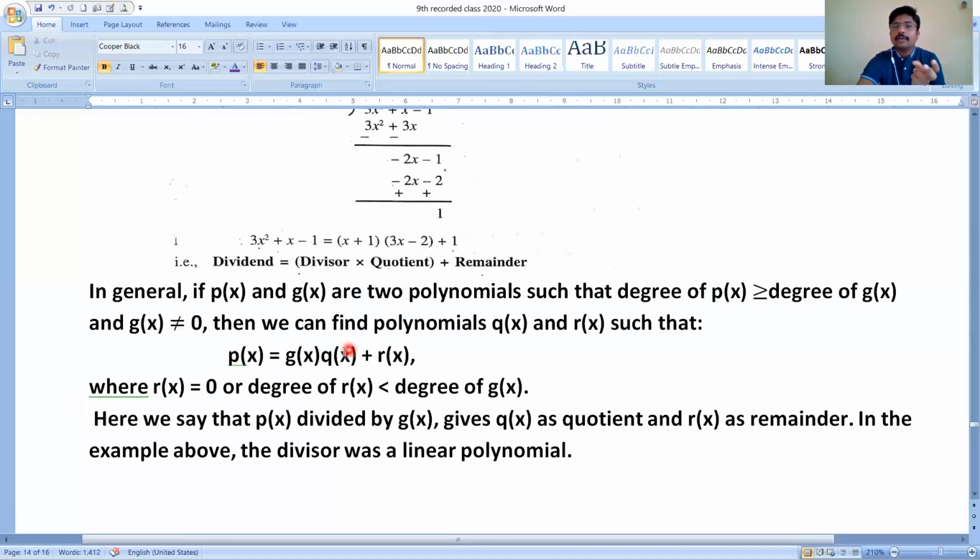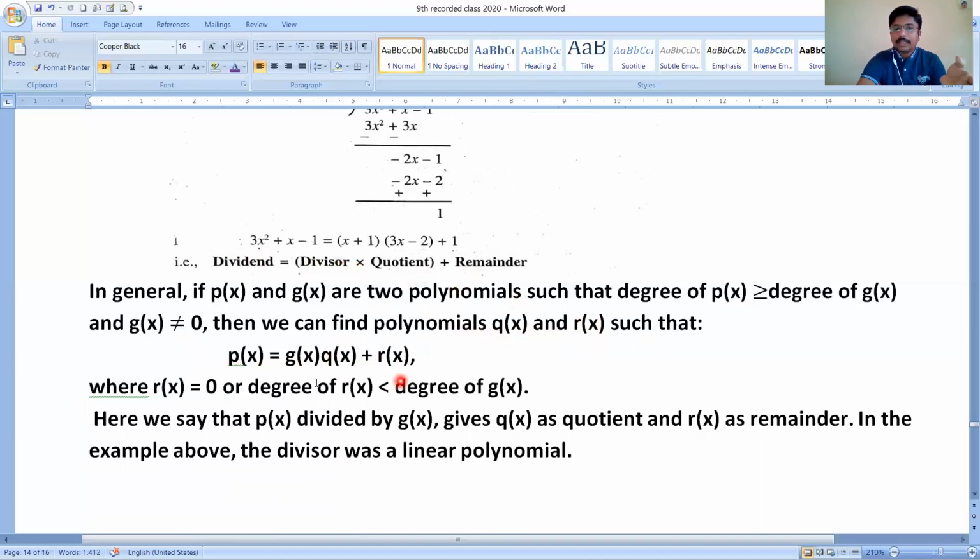That time we will get polynomials q of x, which is the quotient, and r of x, which is the remainder, such that p of x is equal to g of x into q of x plus r of x. Here, dividend is equal to divisor into quotient plus remainder.